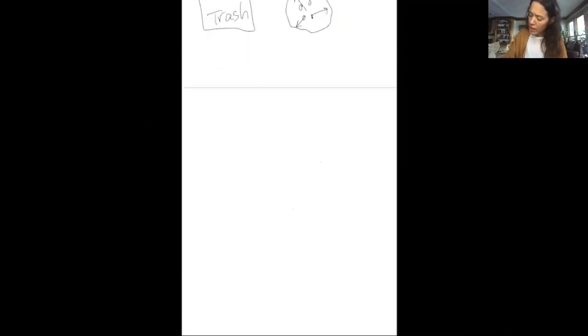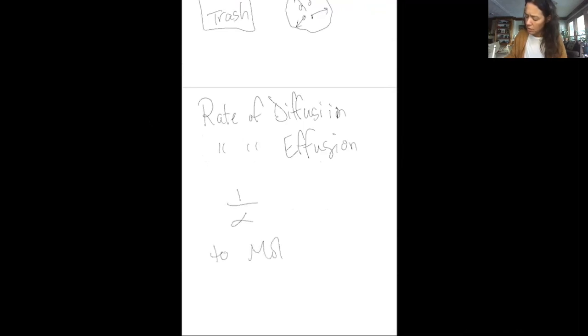Now, the rate at which that occurs of either, it doesn't matter. The rate of effusion or diffusion is indirectly proportional to molar mass, right?